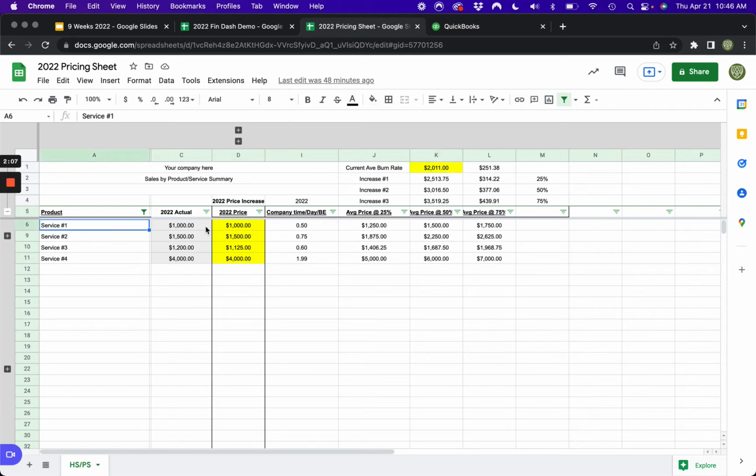So assume with me for a second that the first thing that you do for your customer costs them $1,000. That's what you charge them. And assume with me for a second that that's all you did or had to do for that day. You know that you have approximately half of a day to get that done in order to hit that time threshold of making sure that you're still profitable.